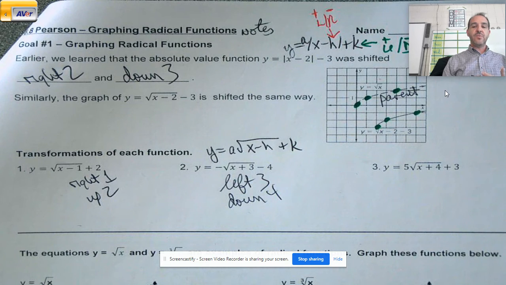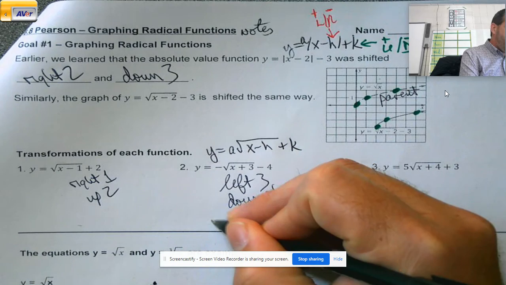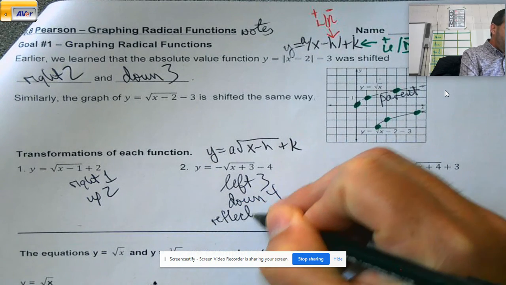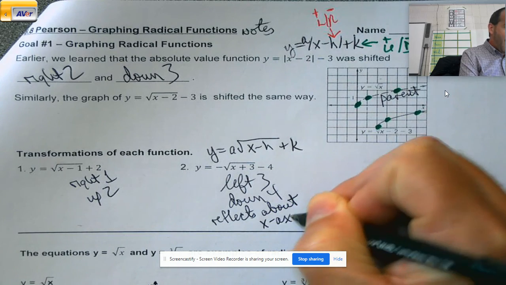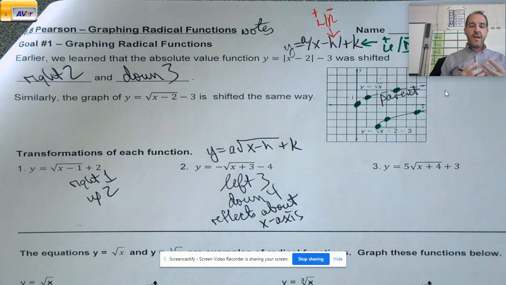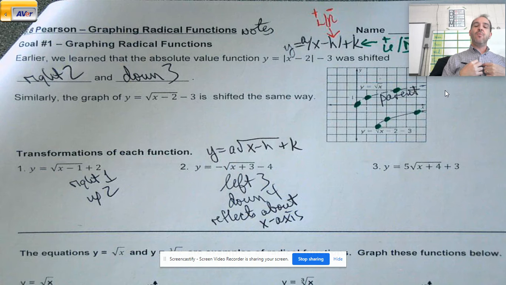Because the negative, as we saw before, flips or reflects my graph about the x-axis. Now, if you were right here talking to me and you said, well, it flips it, I would understand what you're talking about. The issue is going to be when you're doing it on an online type quiz, the option is going to be reflect about the x-axis. It's not going to say flip. So we got to get that terminology down.